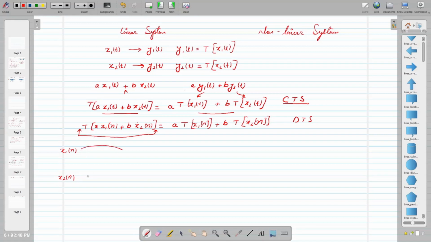Then we have two constants, a corresponding to x1 and b corresponding to x2, with multipliers. Then we use a summer that adds these two quantities and produces a certain output. After that we have to transform it, so we make a system representing the transformation, and it produces a certain output y[n].